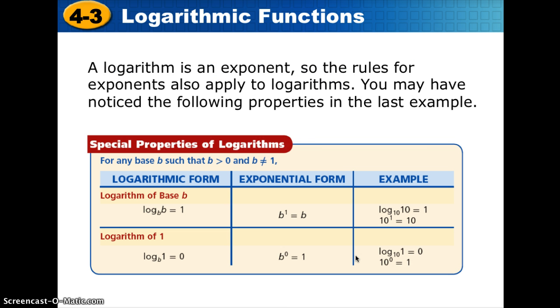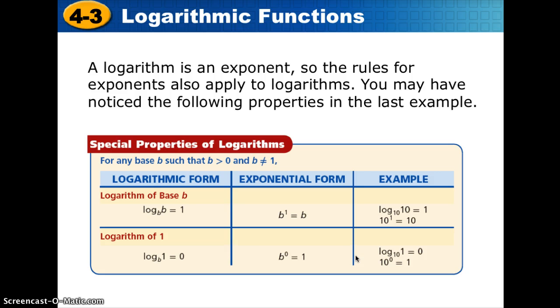Now we know that the logarithm ends up being an exponent, so the rules for exponents also apply to logarithms. And we have rules for logarithms that we learned in Algebra 1. When we raise any number to the first power, we end up with that same number again. The way that we would write that in logarithmic form is log base b of b is equal to 1.